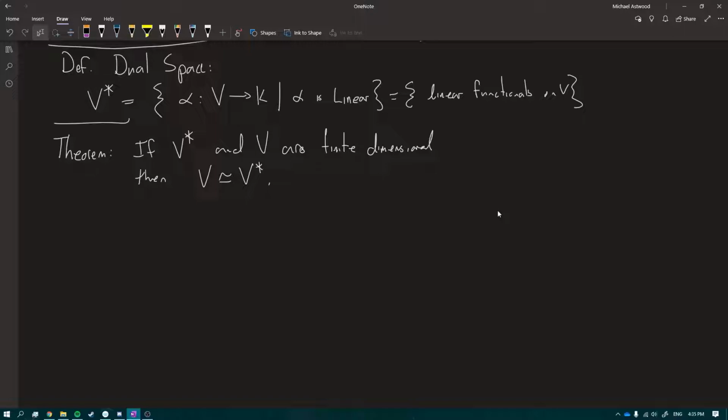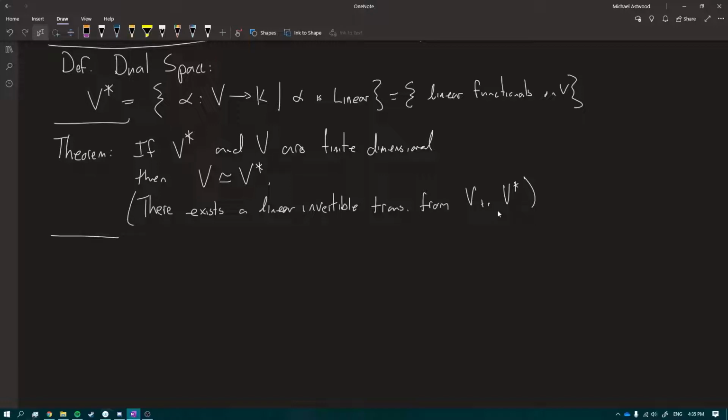That means that there exists a linear invertible transformation from V to V star. So this basically puts V and V star in correspondence with one another.